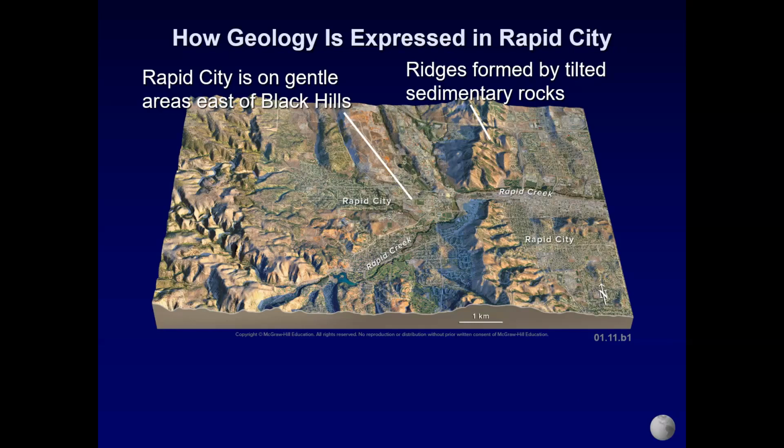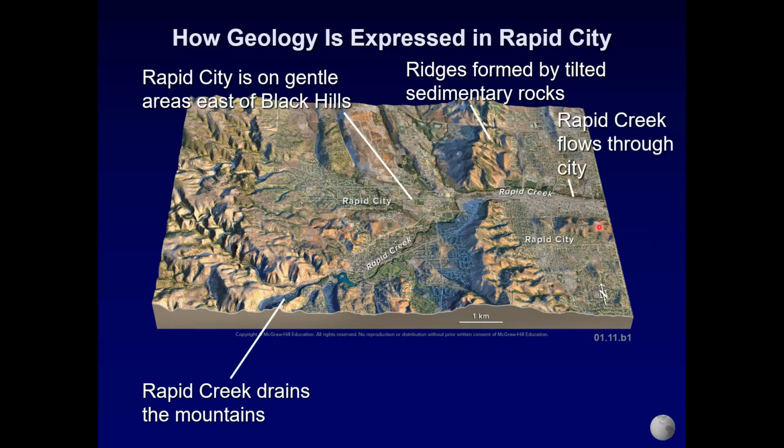The upturned rock layers that form that ridge divides the city. The Rapid Creek drains the mountains. It's a preferential flow path through the city. There's plains that are located east of the ridge with sedimentary rocks, some of which were deposited from a huge inland sea a long time ago.